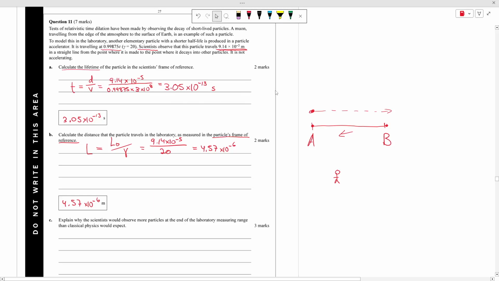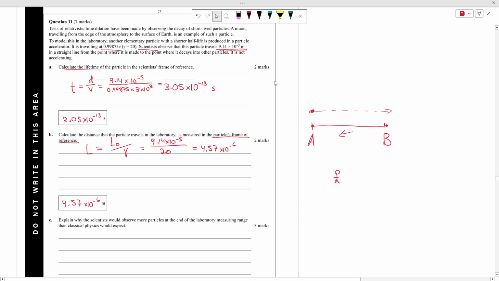So according to the scientists, they observe more muons reaching the end where they can be detected, because in the scientist's frame of reference, they live longer. The time of their lifetime has been dilated, it's been extended. So simply more of them can reach the end before decaying.